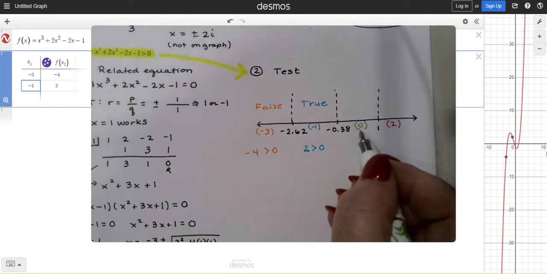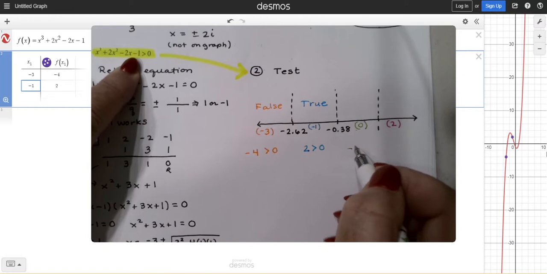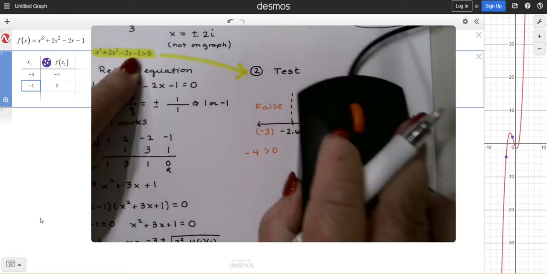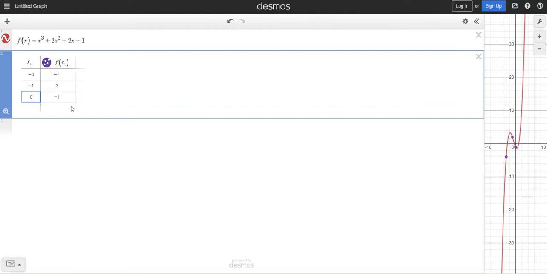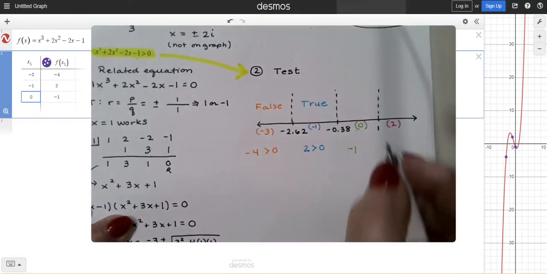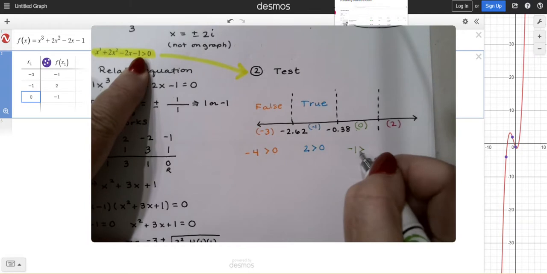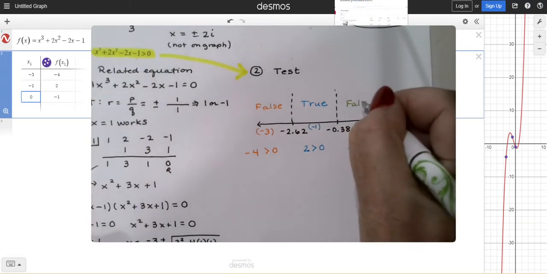My next test value is 0. I can probably do that myself. It looks pretty clear I'm going to get -1. But just to be thorough, let's put it in Desmos, and indeed, there's that output of -1. Again, I want that to be greater than 0, but it's not. So that section is going to be false.